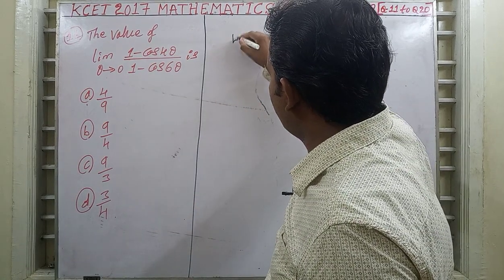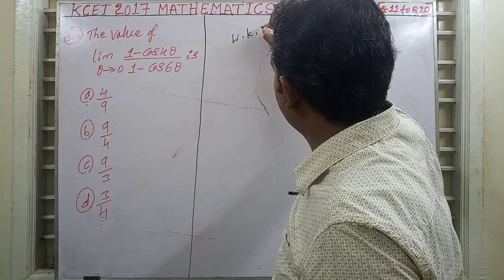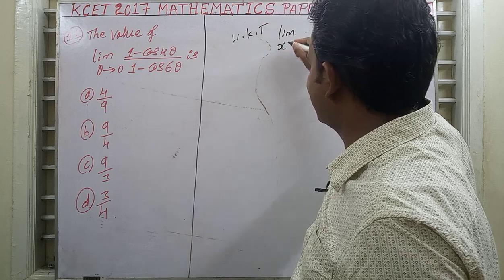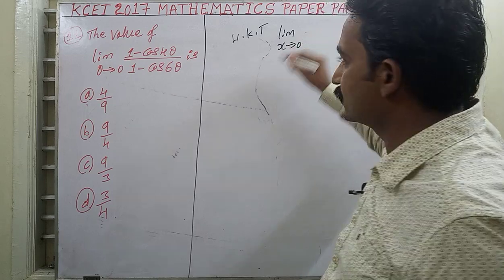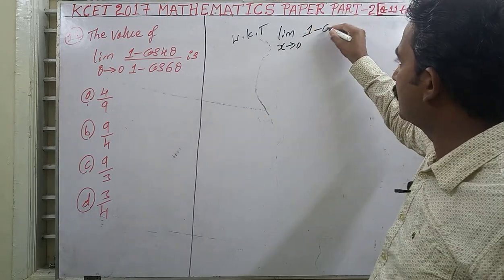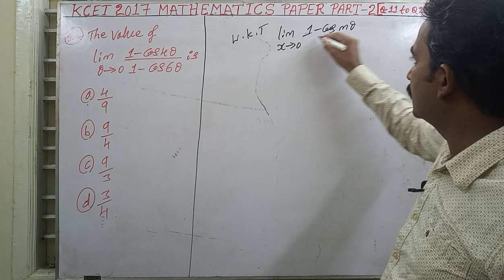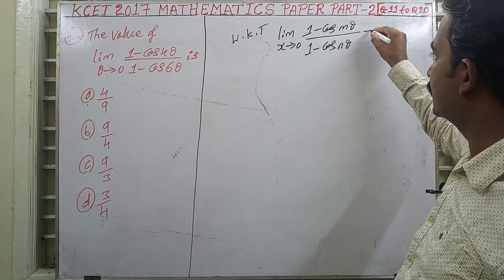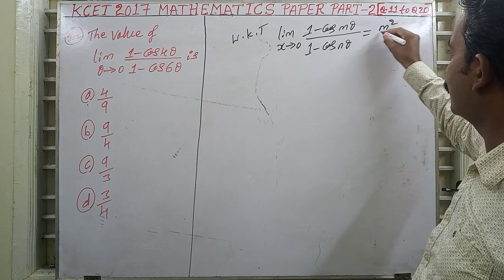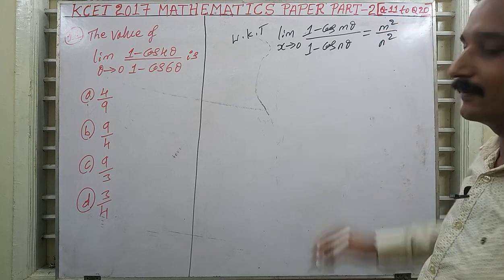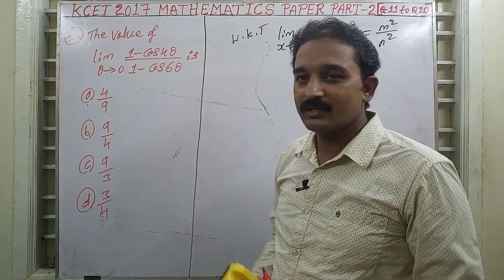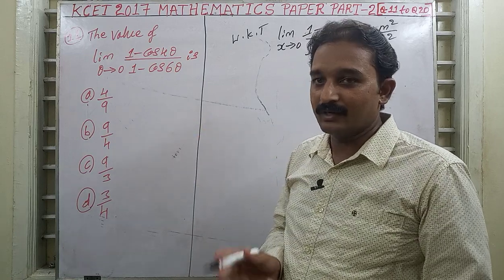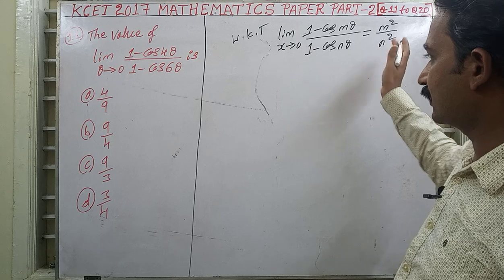We know that the limit as x tends to 0 of (1 minus cos m theta) divided by (1 minus cos n theta) is always equal to m square divided by n square. The usual method means using L'Hospital's rule, but in this case we use a shortcut method.